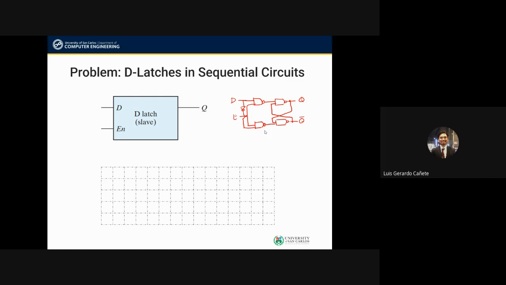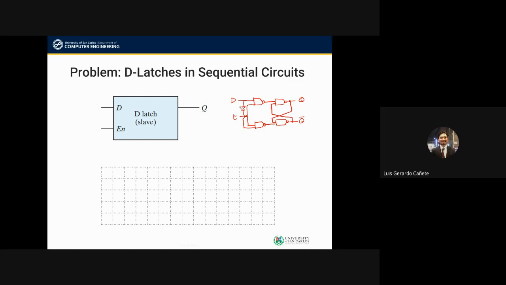But if I were to ask you to write down pseudocode, imagine that this D here is some variable, enable is some variable, and Q is also some variable in any programming language. If I were to ask you to write down C code or pseudocode for this, how would it look? How would you write down the pseudocode for a D latch?